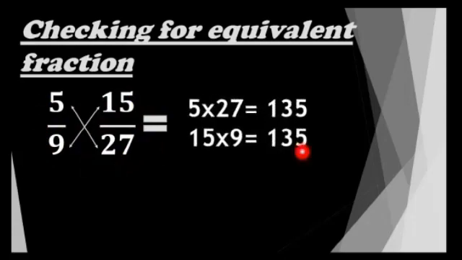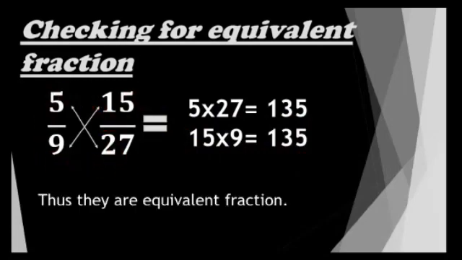Have a look here. 5 multiplied by 27 is equal to 135, and 15 multiplied by 9 is equal to 135. We can see that in both cases the products are the same. So we can say that 15 by 27 is the equivalent fraction of 5 by 9. Thus they are equivalent fractions.